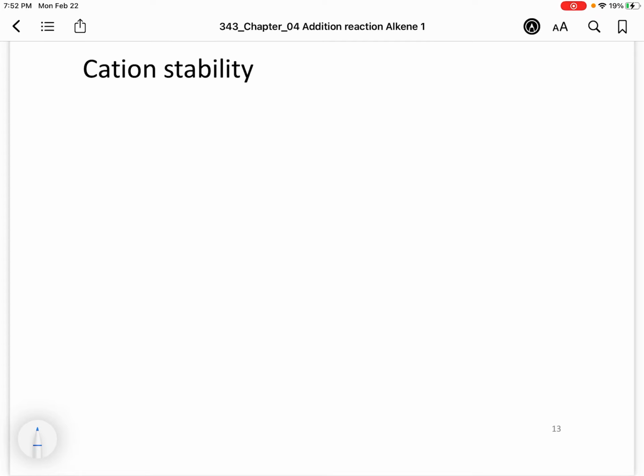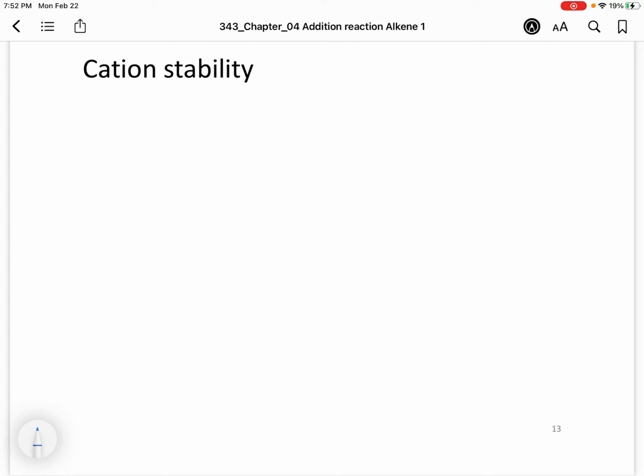It really has to deal with how stable that cation is. The carbocation that we form in the mechanism, if it's really unstable, is probably not going to form. It might be too high in energy, and that's exactly what's happening here.